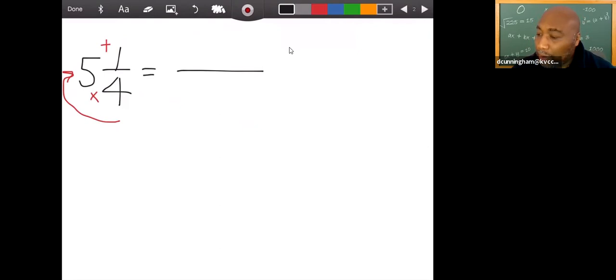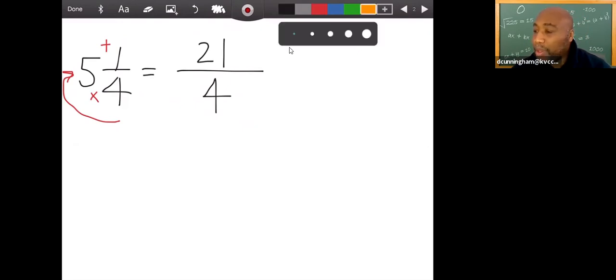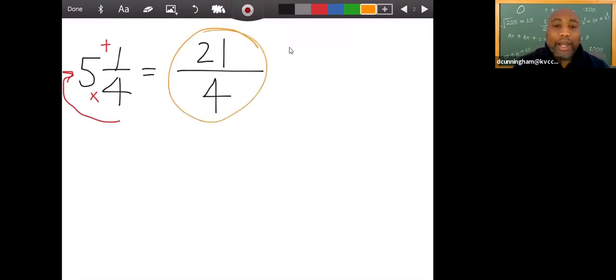In this case, the 4 for the denominator will stay as 4. 4 times 5 is 20, and then you add 1, which is 21. And that is the same value as 5 and 1/4. 21 over 4. And notice this is an improper fraction because the numerator is greater than the denominator.